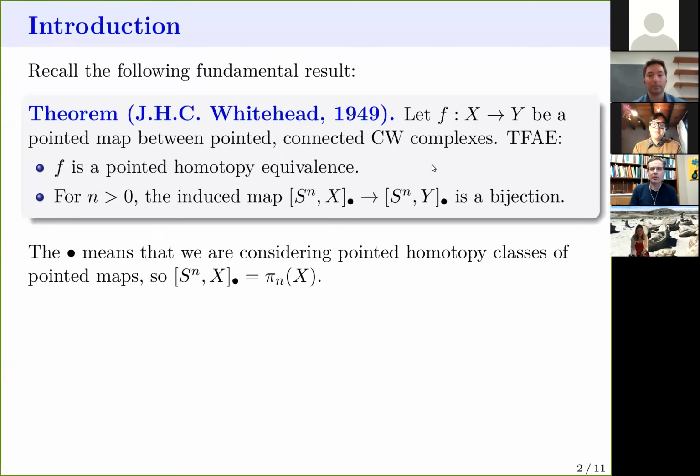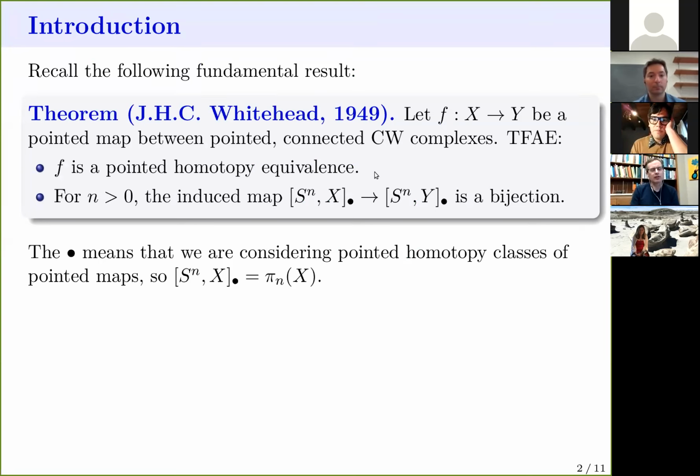And then the statement is that the following two things are equivalent. The first is that the map is a pointed homotopy equivalence. So there's a pointed map going in the other direction, and the two composites are homotopic to the identity through pointed maps. So these are the isomorphisms in the homotopy category of pointed spaces.